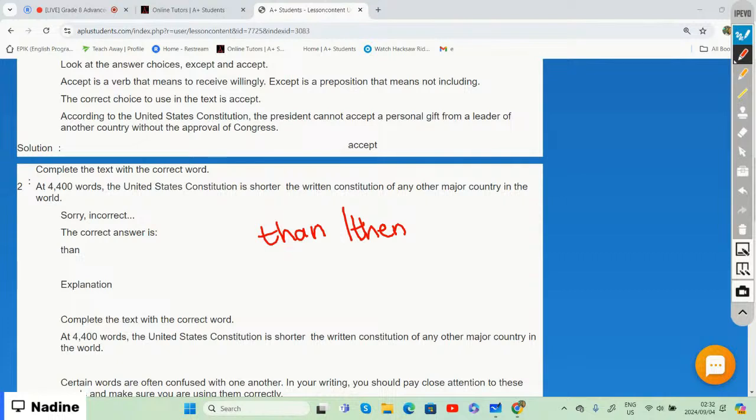So we need to choose between one of these words, than or then. And if you look at these two words, they kind of sound the same, and the spelling is similar, but the meanings are not the same.